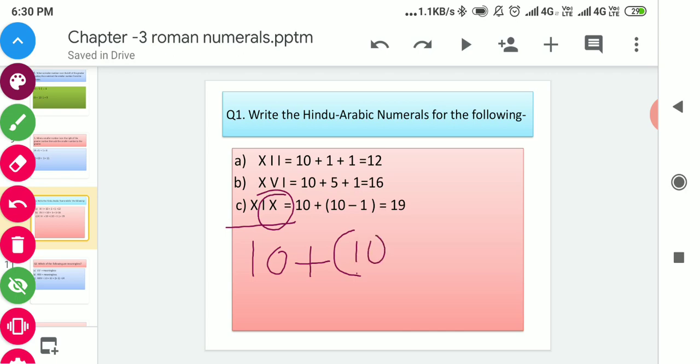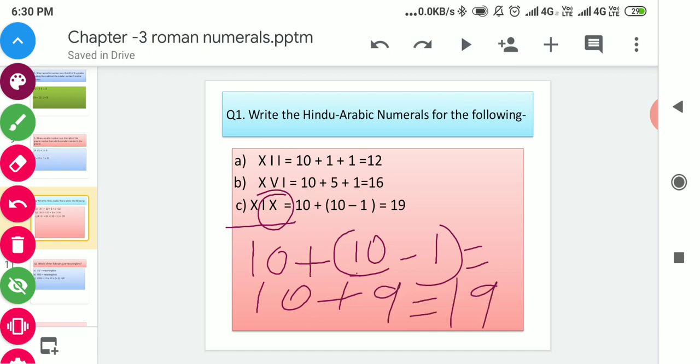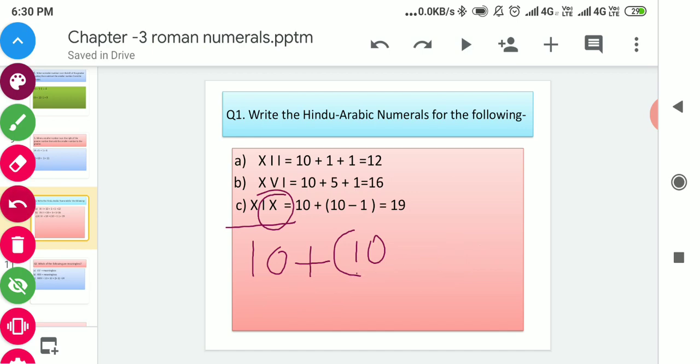So we will do subtraction. We will subtract the smaller number 1 from the bigger number 10. So the answer will come 10 plus 9, that is 19. I think all questions are clear.